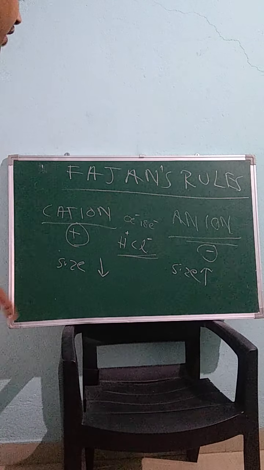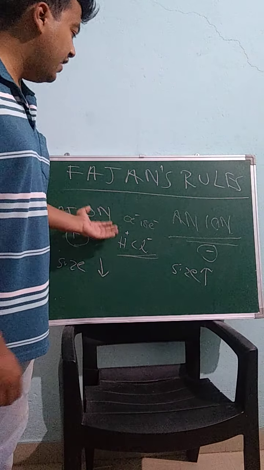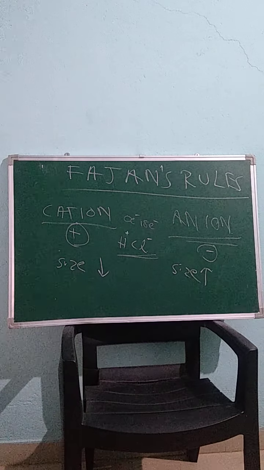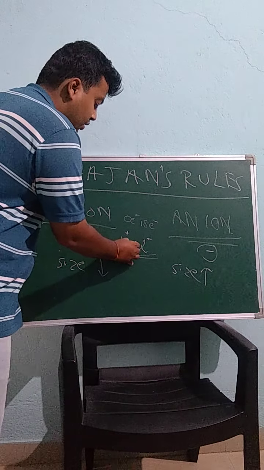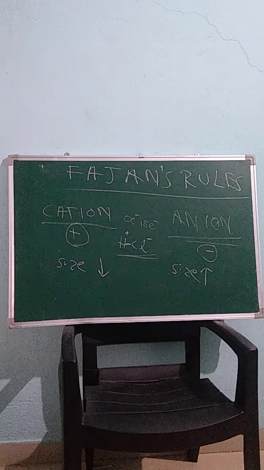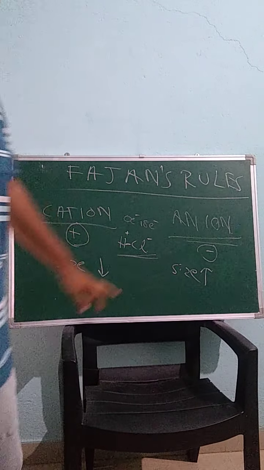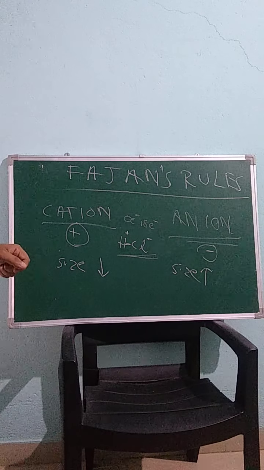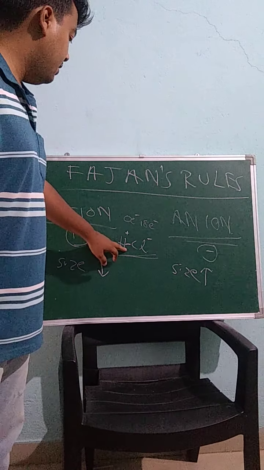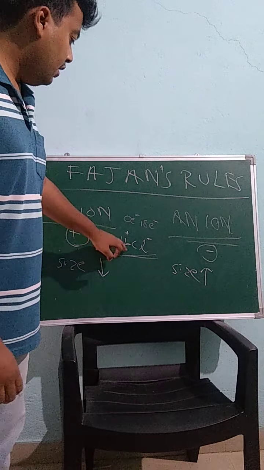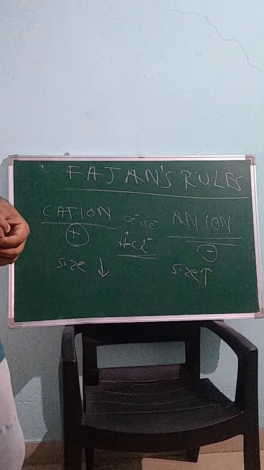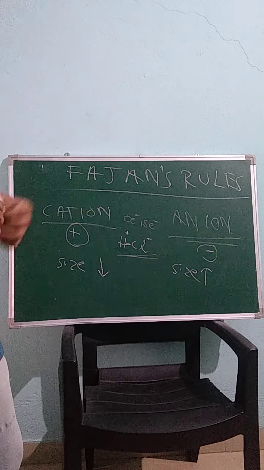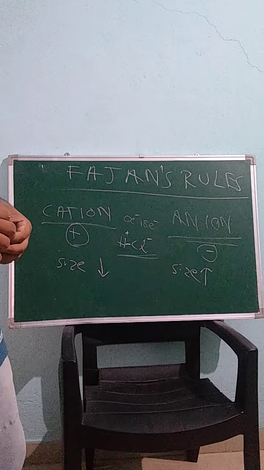So in this case, the covalent character increases, meaning there is a formation of a covalent bond between the cation and anion. This is very obvious, because hydrogen does not want to donate its only electron, so it is more likely that hydrogen will share that electron with chlorine.